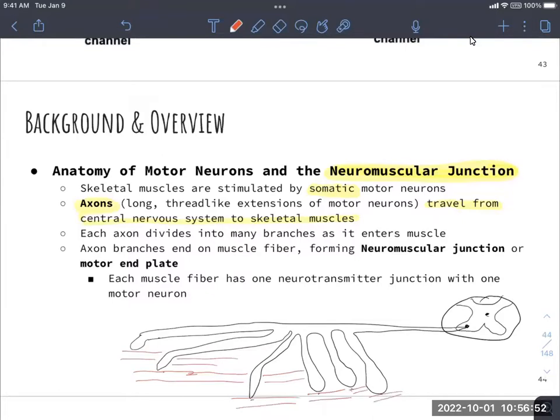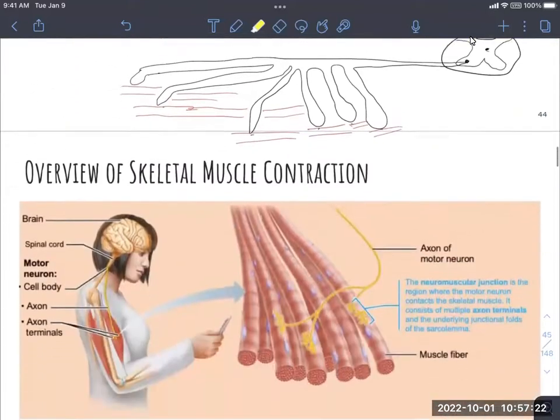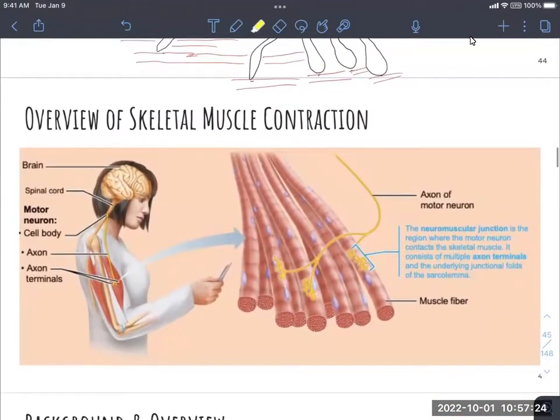And where they connect to a muscle fiber, that is what's called the neuromuscular junction or a motor end plate. As I said, each muscle fiber has a junction with one motor neuron. So each muscle fiber has its own part of that one neuron going to it to communicate. Here's another example.